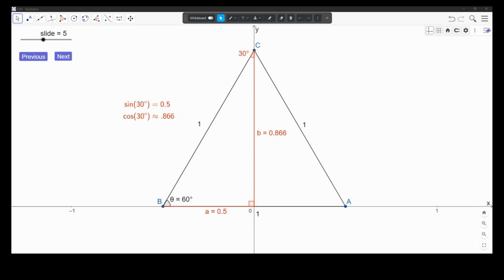So we just calculated the sine and cosine of 60 degrees, but we got the sine and cosine of 30 degrees for free.